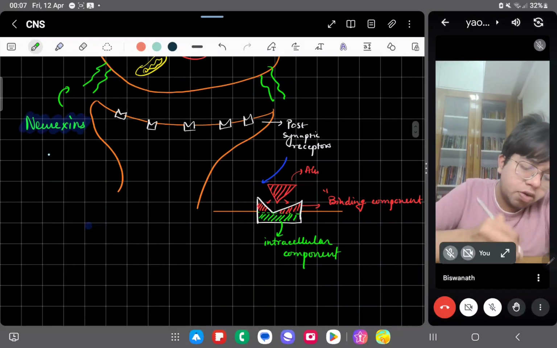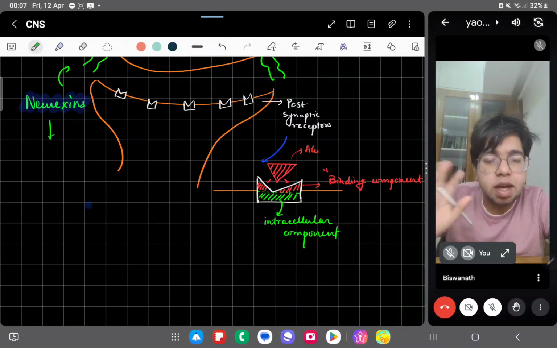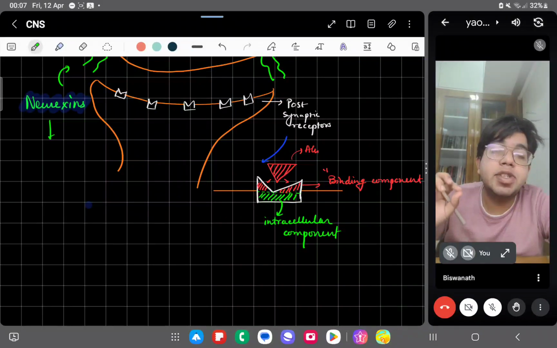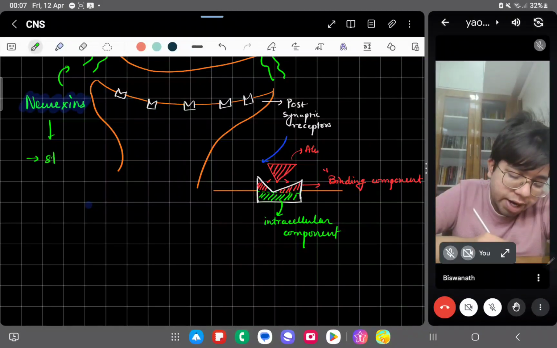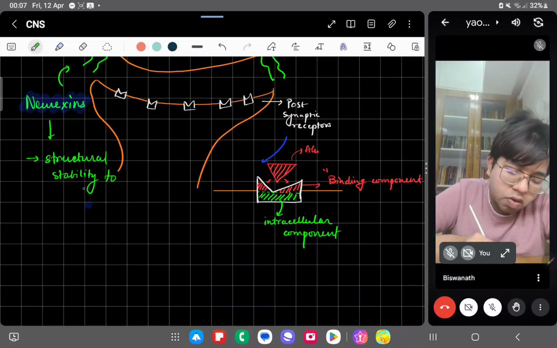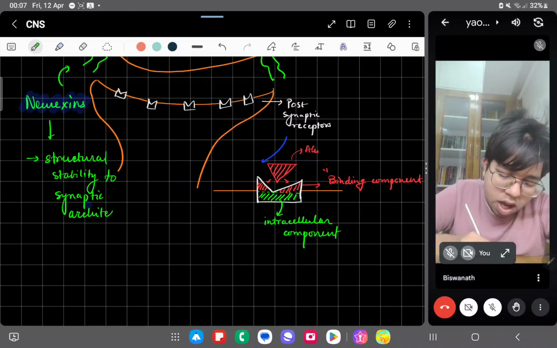What is the function? They are basically proteins, and they are providing structural stability to the synaptic architecture.